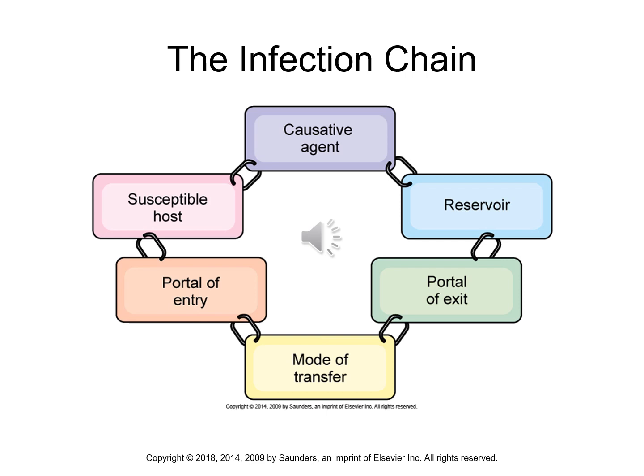Characteristics of each one of these components can influence the pathogen's ability to produce an infectious disease and its ability to spread from one source to another. So nursing care focuses on breaking the chain of infection. If we can break this chain, we can try to prevent infection from occurring.